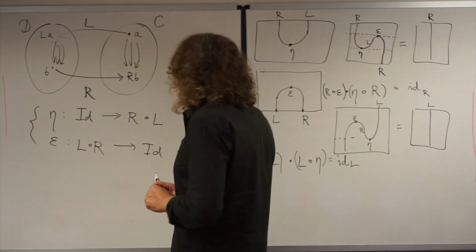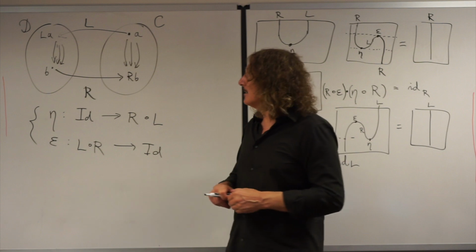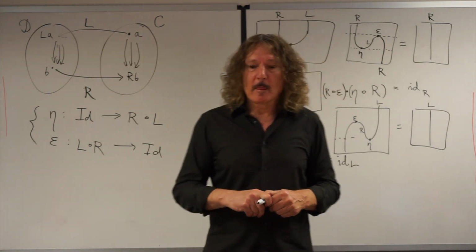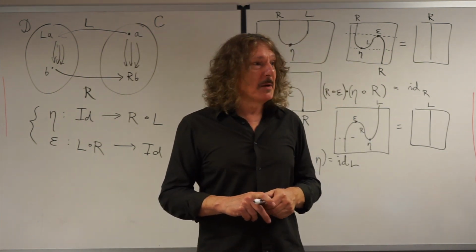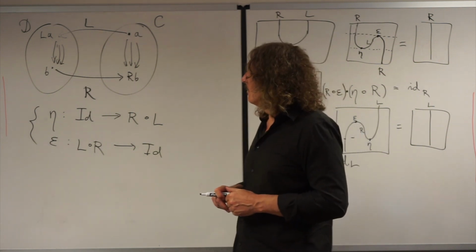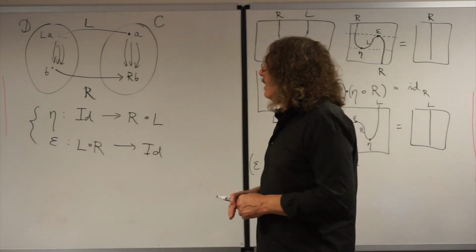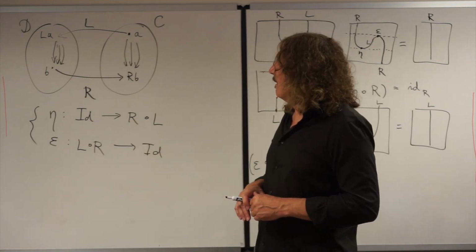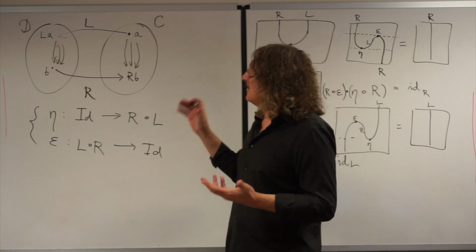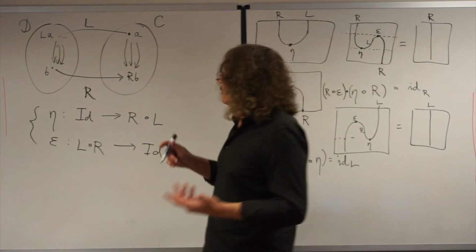So now, the interesting thing is that every time you have an adjunction, it also defines a monad. Okay? In fact, it defines a monad and a comonad. How come? Well, first of all, every adjunction defines two endofunctors.